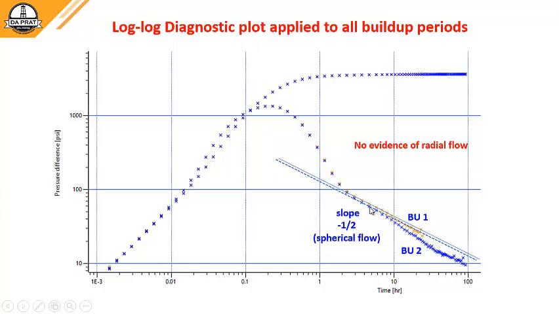This is expected because we have 30 feet thickness and we just perforated 10 feet. So you may expect spherical flow here, but after that you should go through a transition from spherical flow to radial flow, which is not seen here.